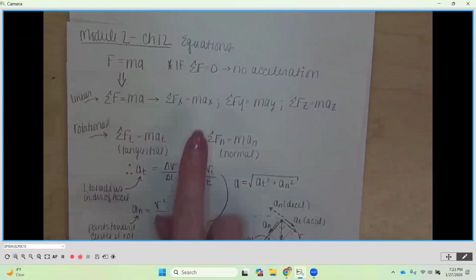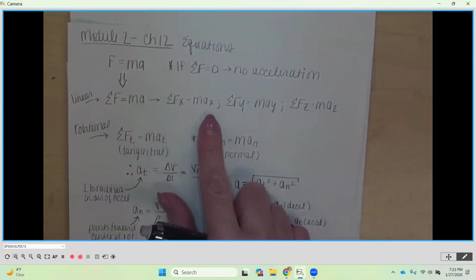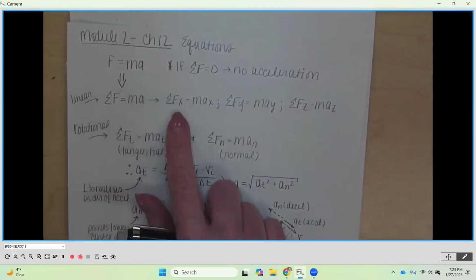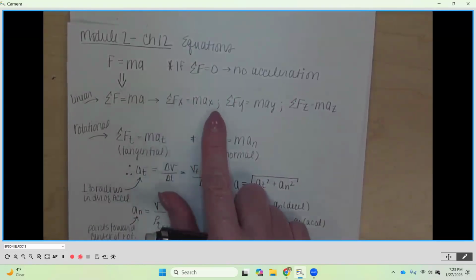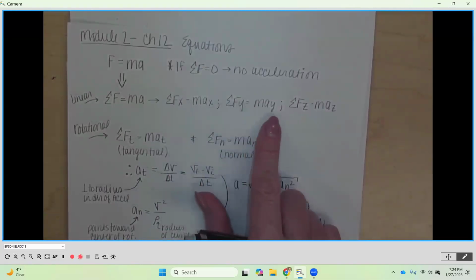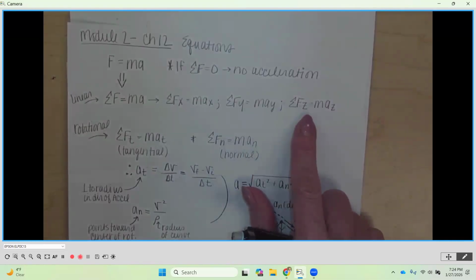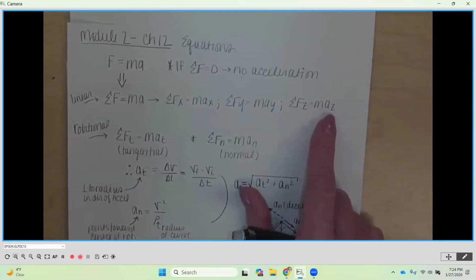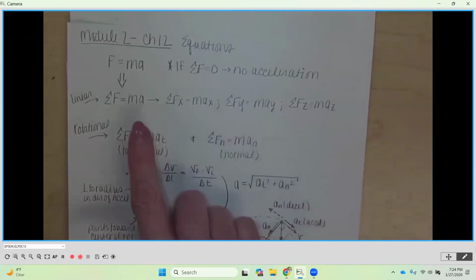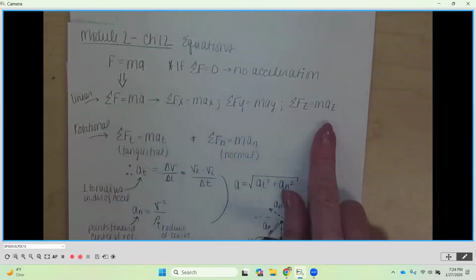Along whatever axis we are, it's the acceleration along that axis. So the sum of the forces in the X is the mass times the acceleration in the X direction. If it's the Y, it's the mass times the acceleration in the Y. And along the Z axis, it's the mass times the acceleration along that Z axis. This is linear motion.